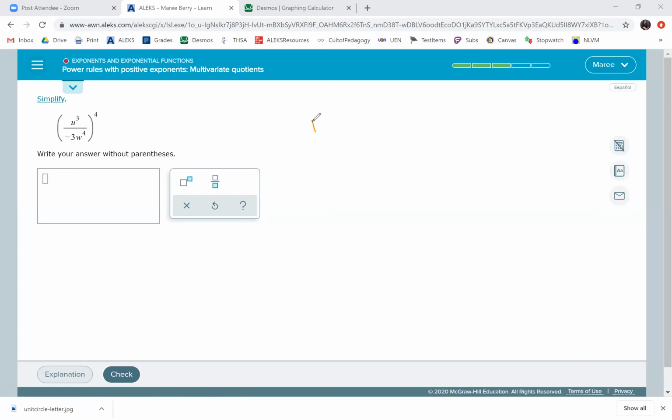So we have u cubed to the 4th. Just remember to take both the numerator and the denominator and raise it to that power. Then if you have a power to a power, you multiply the two numbers. If you have a product, you raise each factor, which is each part of the multiplication, each of those to the power, and then you simplify.